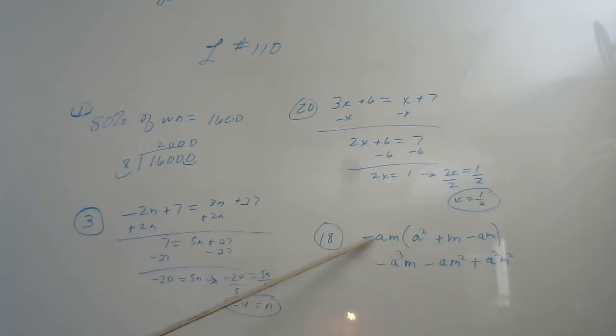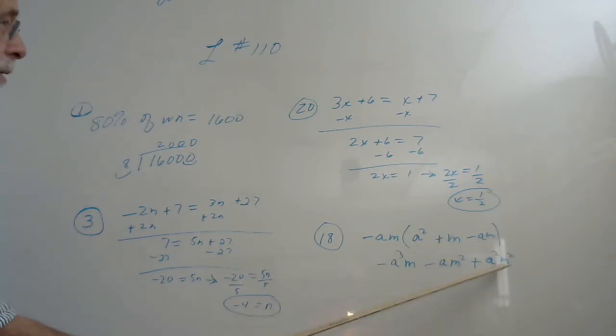Then I come over here, and negative times a positive is a negative. There's no a, so it's a. M times m, there's one of each, so it's squared. Then I come over here, and negative times a negative gives me a positive. A times a is a squared. M times m is m squared. And that is my answer.